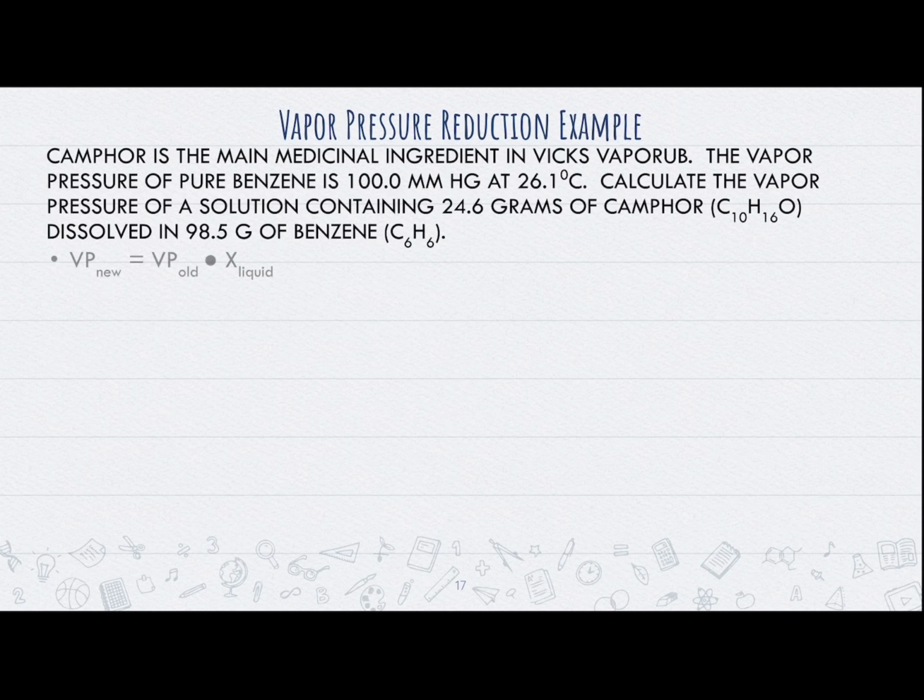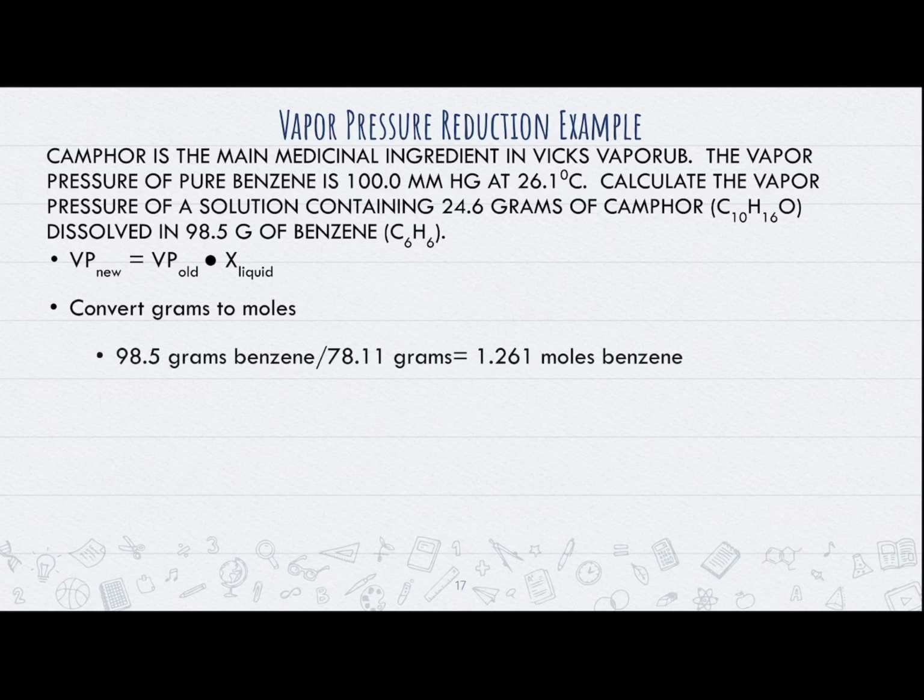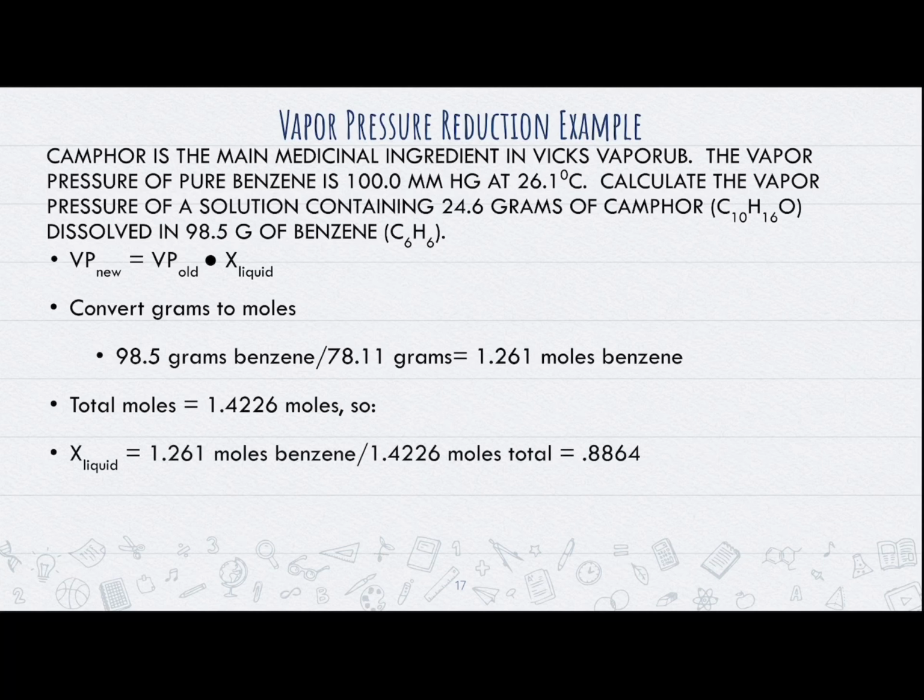We need to do the same thing with benzene. We're converting our amount of benzene into moles, so I'm dividing by the molar mass. So C6H6, the mass of that is 78.1. So now I have the moles of benzene. I can put that number over my total number of moles. So if you add the moles of camphor and the moles of benzene together, you would get 1.4226.